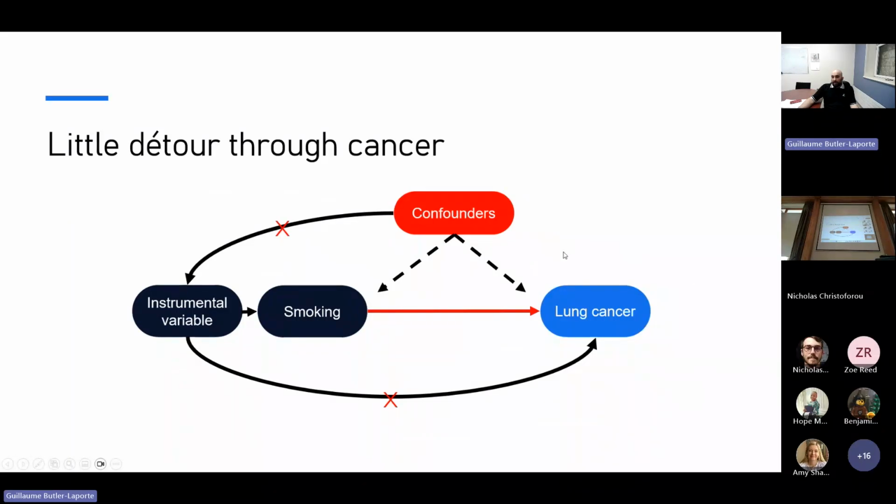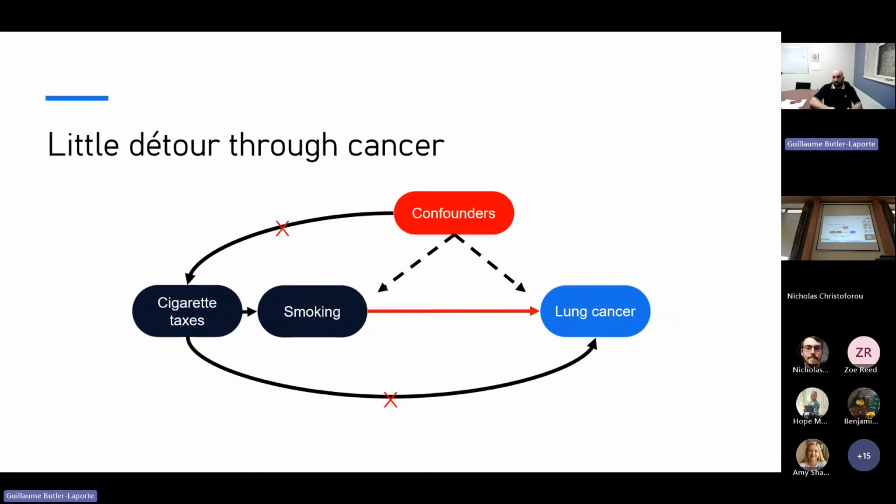The classic example, though it's not foolproof and there are some assumptions that don't always apply, is cigarette taxation rates in different jurisdictions. If cigarette tax has an effect on lung cancer in a specific jurisdiction, then biologically it has to act through some other mechanism, and it would make sense that it would act on the risk of that jurisdiction's population to smoke.